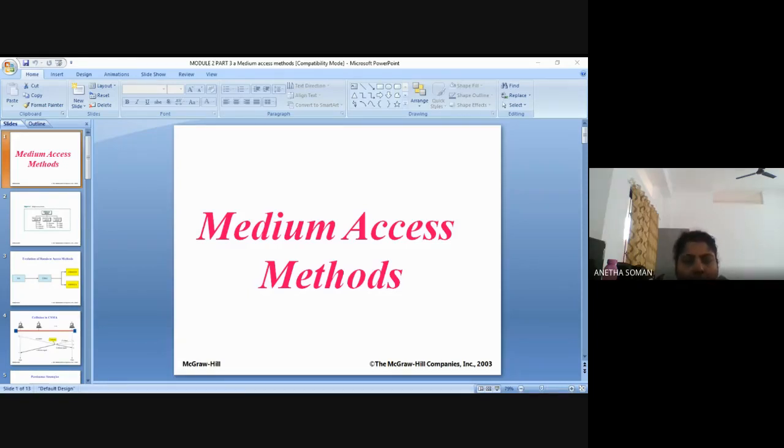Under data link control, you have seen framing, flow control, and error control. Today you are going to see the medium access methods. This is another function of the data link layer.